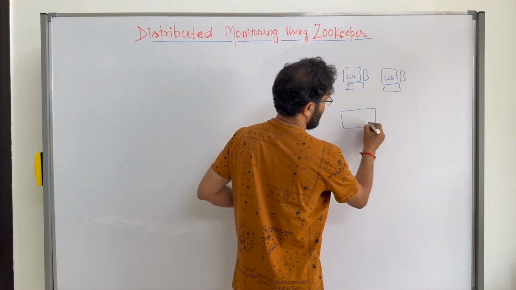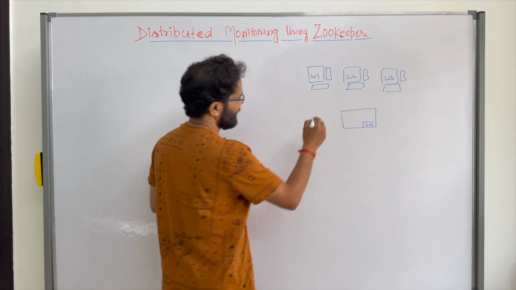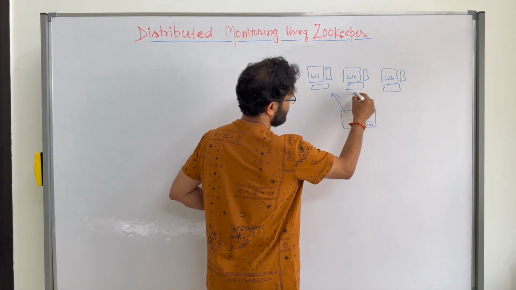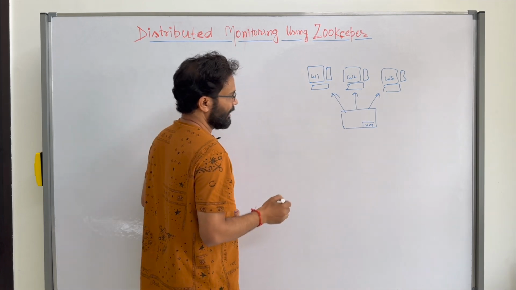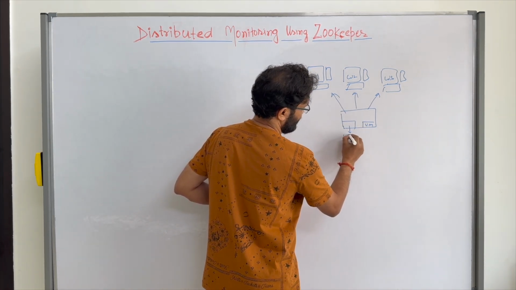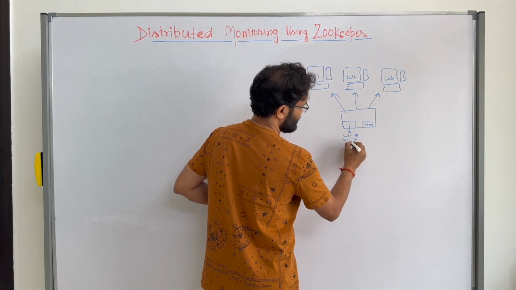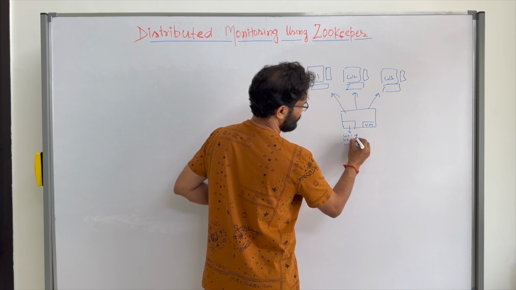This is another VM or desktop, and then you will connect all the machines here. And you have to configure right here how many machines there are. One, what is the IP address? Two, what is the IP address? Three, what is the IP address?